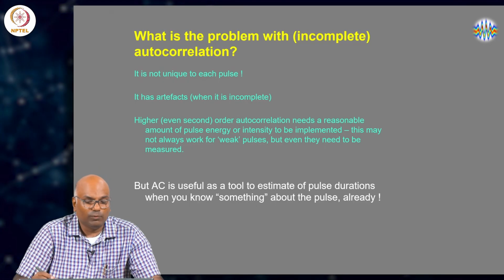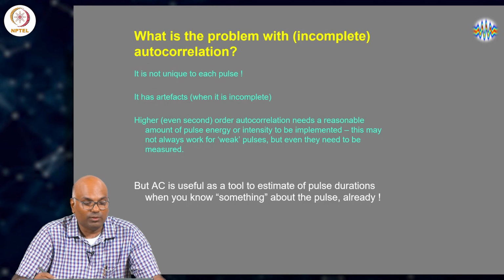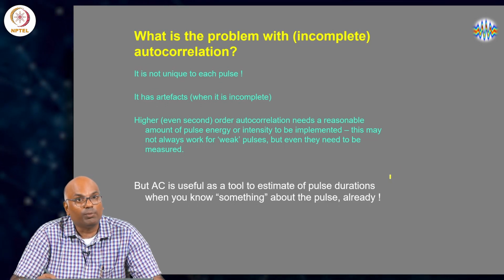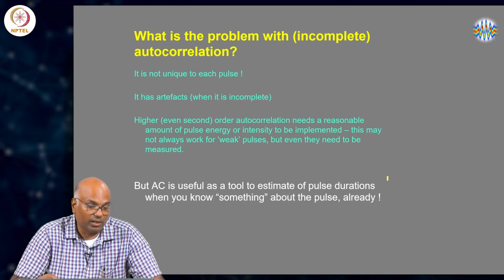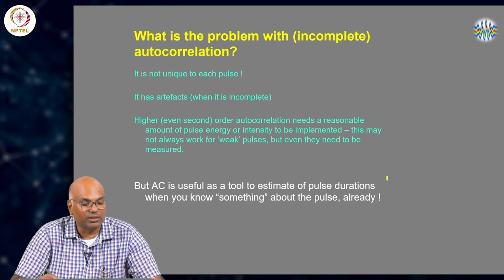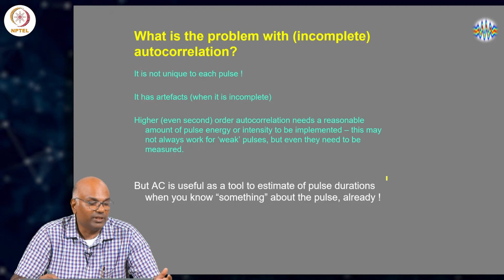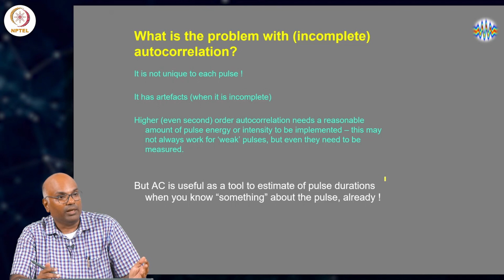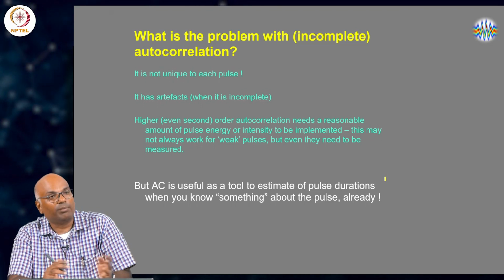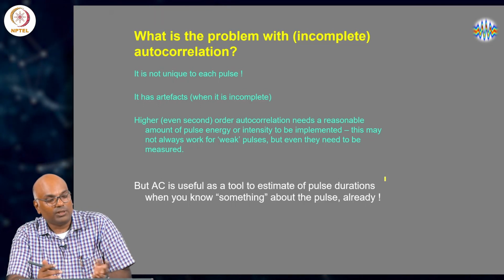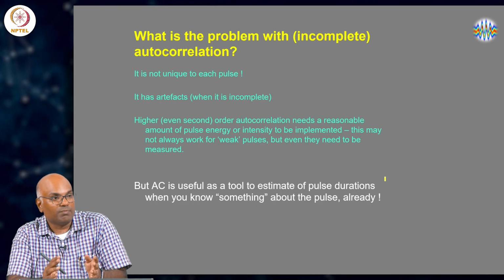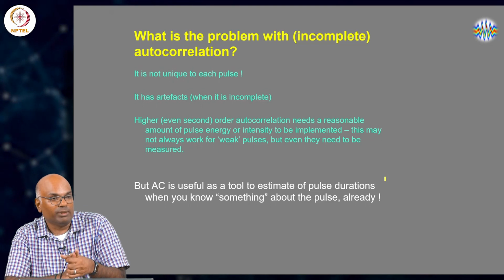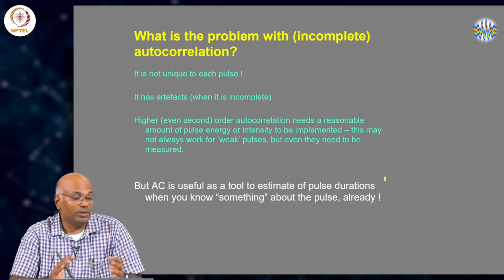So, what is the problem with autocorrelation or incomplete autocorrelation? It is not unique to each pulse. It has artifacts along with the fact that it is incomplete. It has artifacts like it is symmetric about the zero of the delay. This is something we saw earlier. Even if the pulse of interest is not symmetric about its peak or maximum, and is an essentially asymmetric structure in time with no symmetry, autocorrelation is always symmetric.